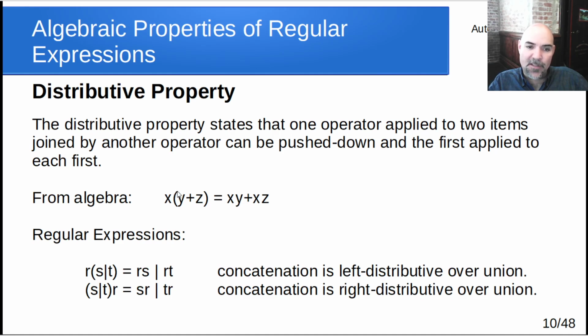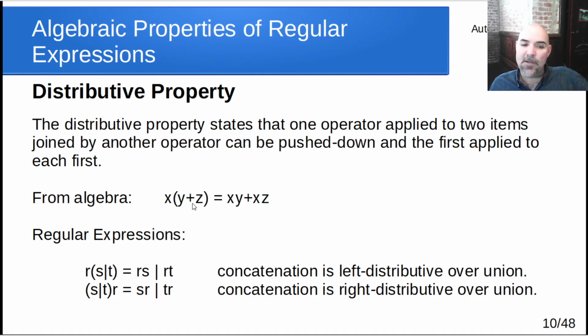So this x goes in there to the y, x goes in there to the z, so you can see it being pushed down into those parentheses. The multiplication now is applied first before we do the addition. So that's typical distribution like you're used to seeing in arithmetic.